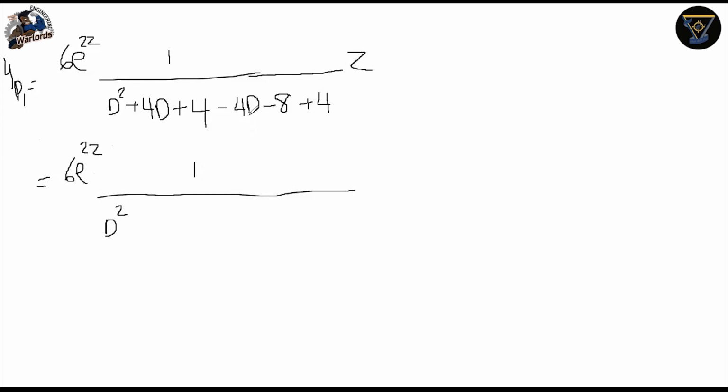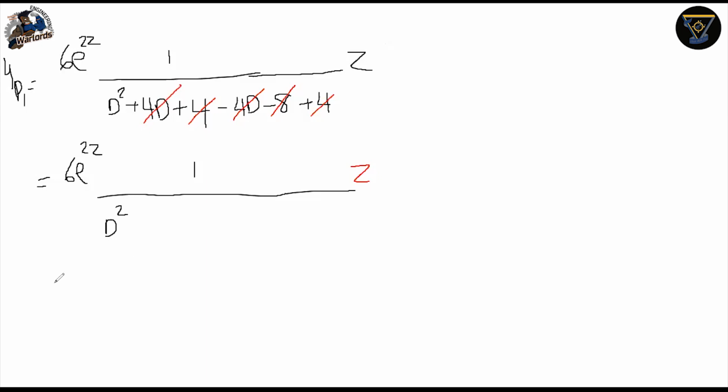This is 4d and this is minus 4d, so those two cancel. We have plus 4 and plus 4, those are 8, and we have a minus 8. So it's 8 minus 8, which is 0, so those two cancel as well. So you're actually only left with d squared. So I didn't have to draw the line so far then. So it's 1 over d squared and you have the z.